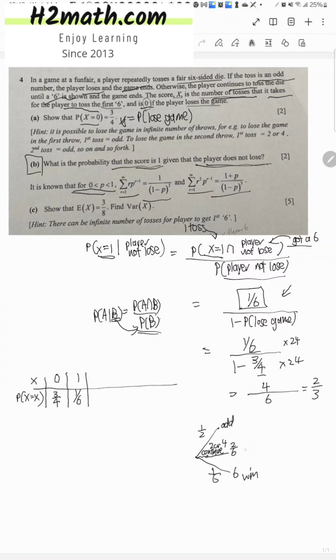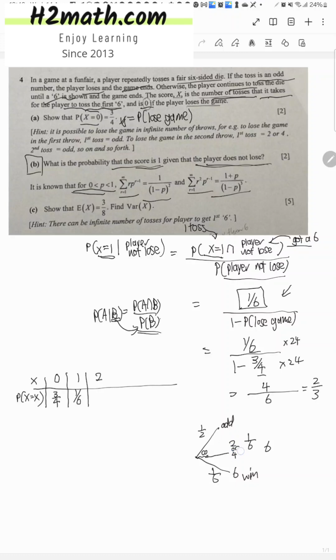So to win in the second toss, where X is the number of tosses it takes to toss a 6, it means the first time he got 2 or 4, so that he can continue to get a 6 in the second toss. So the probability of this is 1 over 6. To be more consistent, you should write it here.